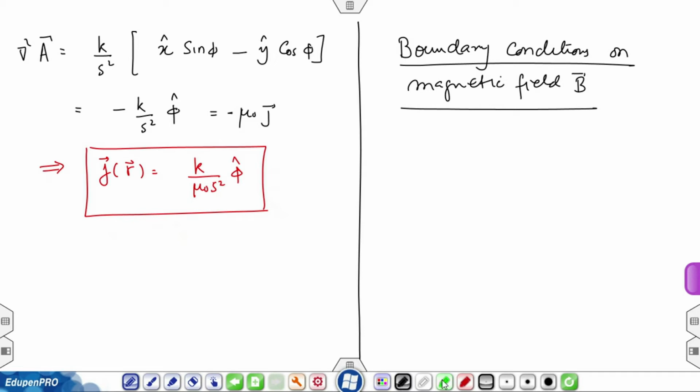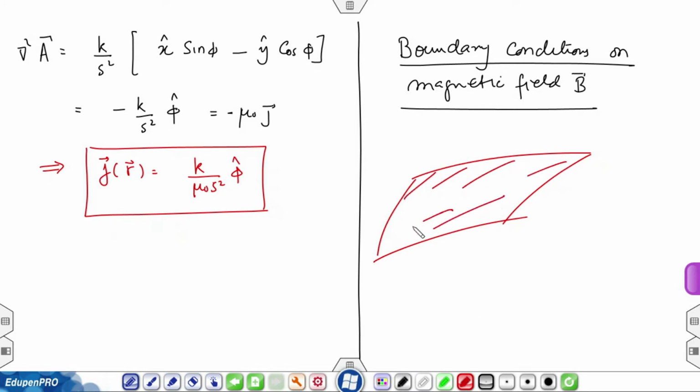So, when do the boundary conditions arise? Suppose I am given a boundary, a surface. So, here is the surface, and there is B field below it, so let us write it B lower, and there is B field above it. Or even better, B under the surface and B above the surface.